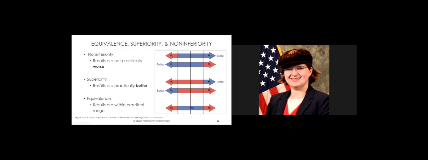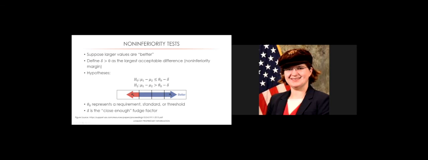And similarly, you can do the opposite side of that, that things are practically better with your change. So here are some different variations of equivalence if you want to test a particular direction. Again, running short of time, the math is very, very simple. You're just doing a one-sided test essentially.